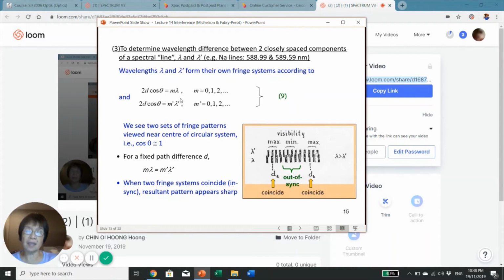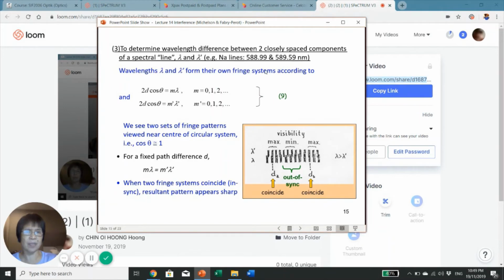The third example would be if you have two optical lines which are very close together, for example the sodium lines. This one is 588.99 and this is 589.56. The difference is about 0.6 nanometer.